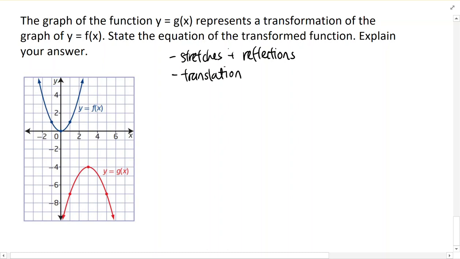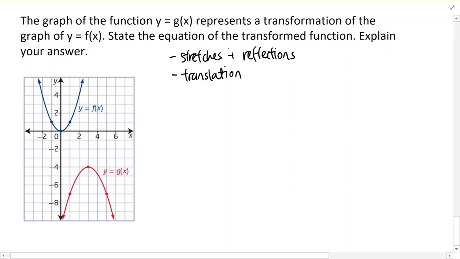I know it's very tempting to immediately say, let's move here and then move down and then start stretching it from there, but we want to avoid that. When it comes to a parabola, we know (0, 0), regardless of how you stretch it or reflect it, is going to be in the same spot.